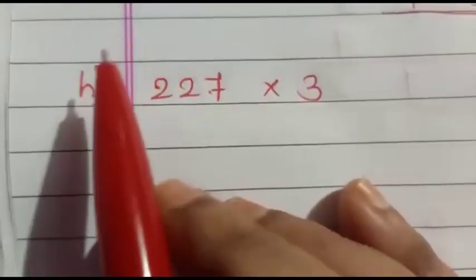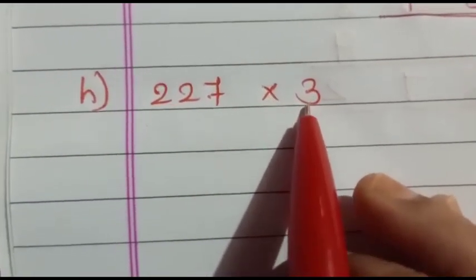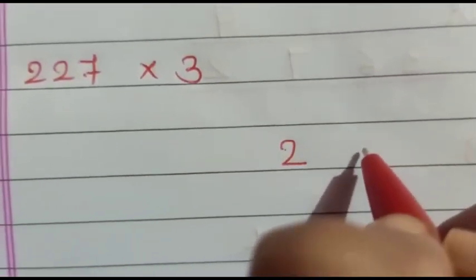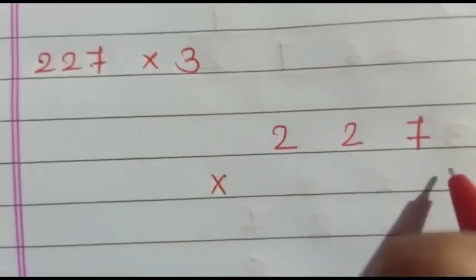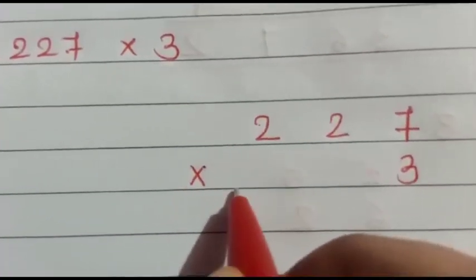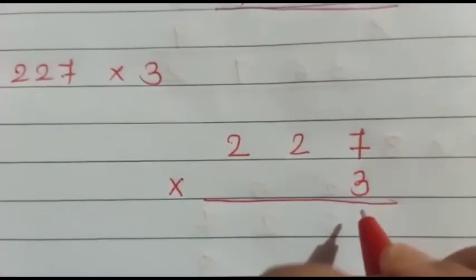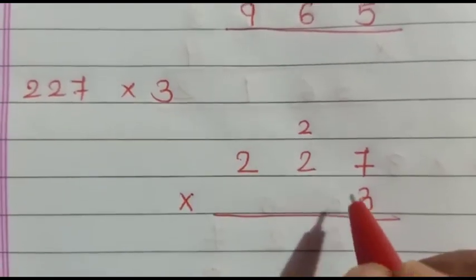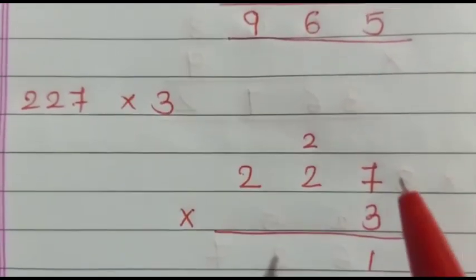Now here students, H1 is 227 multiplied by 3. Now let us solve it. First you will write 227 multiplied by 3. Okay. 3 sevens are 21. So 1 you will write, 2 you will carry. 3 2s are 6. 6 plus 2 is 8.